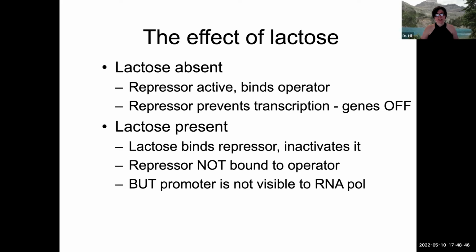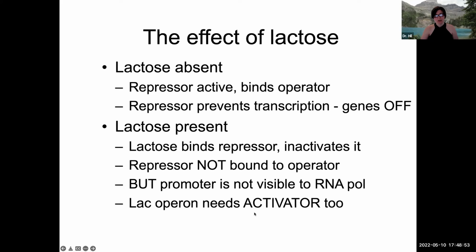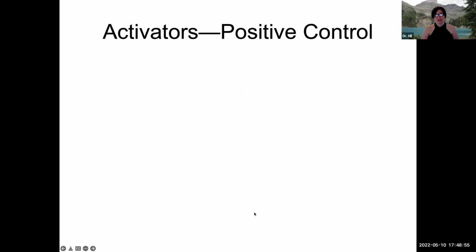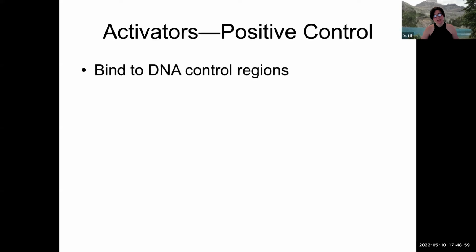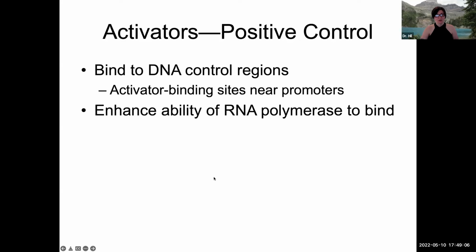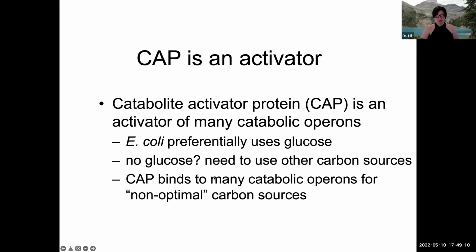So these types of promoters actually need an additional activator in order to make the promoter visible to RNA polymerase. And activators are the opposite of repressors. Activators exert positive control instead of negative control. But like repressors, they bind to DNA and they're allosterically regulated, which means they have two possible shapes, one that binds the DNA and one that does not.